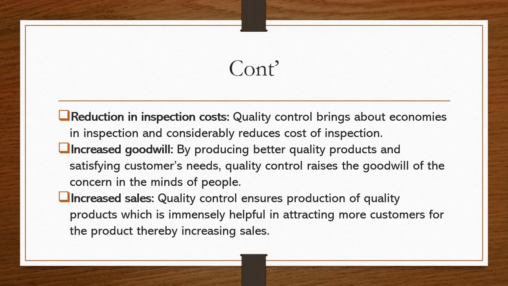This is continued. So, reduction in inspection costs. Quality control brings about economies in inspection and considerably reduces cost of production. What we mean by economies refers to the benefits that a firm enjoys when it produces on a large scale. So if a firm carries out quality control, it reduces the cost of inspection.